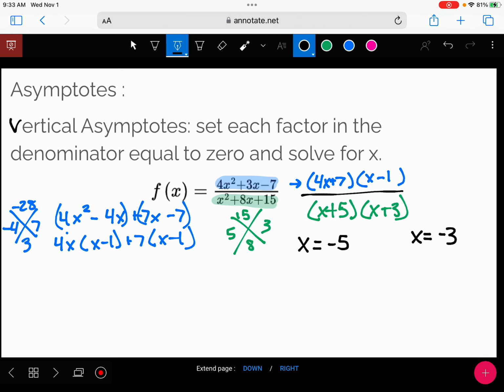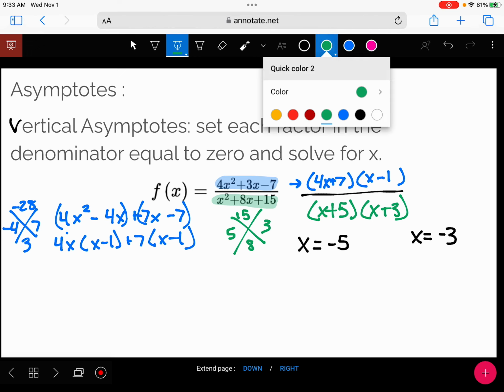So we're going to need that then. Let's do all of our things. We're going to find our domain, our x-intercepts, and our y-intercept. So our x-intercepts are the zeros of the numerator. Zeros of the numerator, there we go.